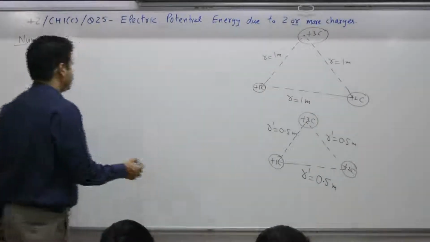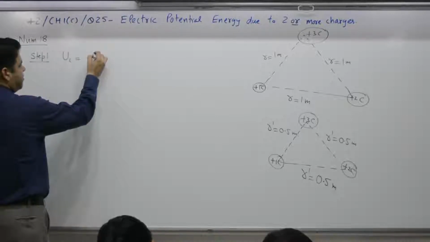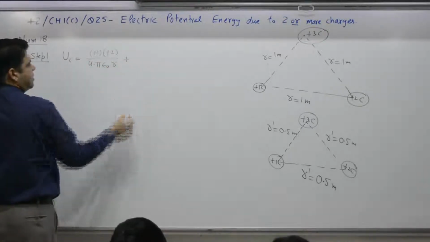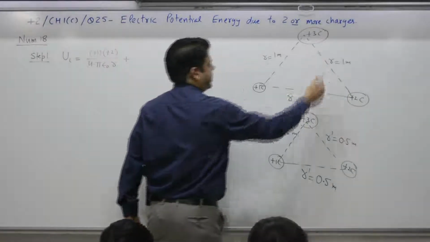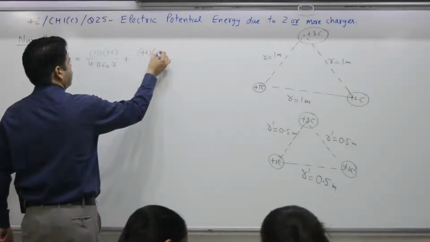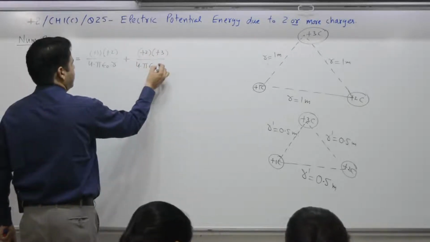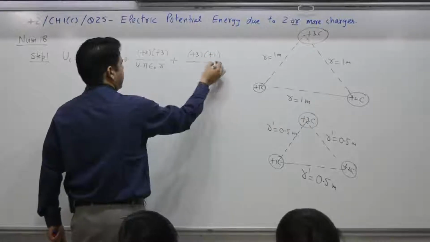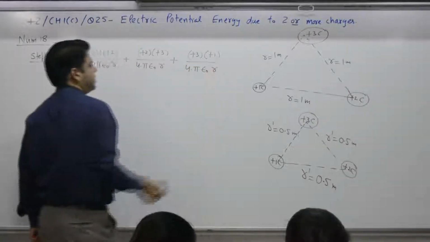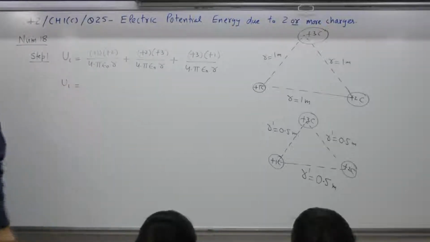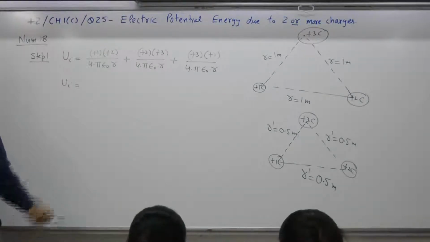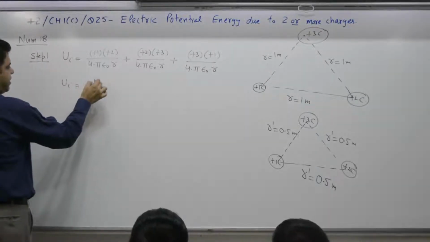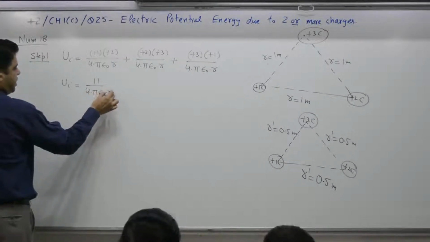Between 1 and 2, that is charge 1 coulomb, Q1 Q2 over 4 pi epsilon naught R. Second one, 2 and 3: 2 coulomb, 3 coulomb, distance between the two, 4 pi epsilon naught R. 3 and 1: 3 into 1 over 4 pi epsilon naught R. Initial energy is equal to what? 2 plus 6 plus 3, 11 over 4 pi epsilon naught R. Initial.